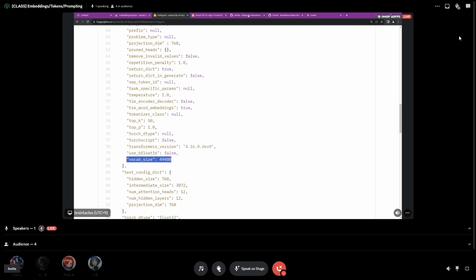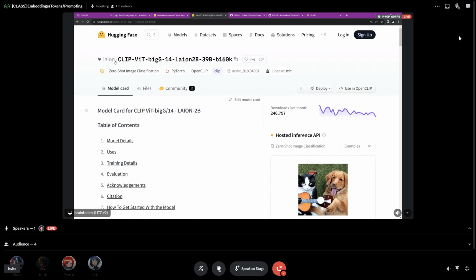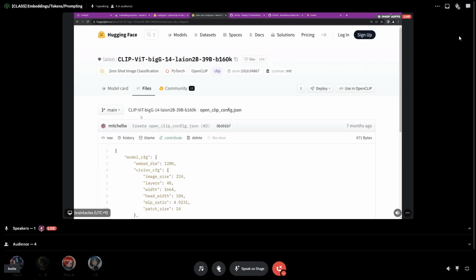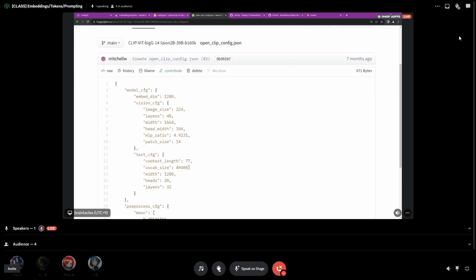Sometimes people try to get creative and find the craziest words, but in actuality, that's all it knows. And clip from Lion, the clip G for SDXL users, actually has the same vocab. So what is good about this is they both share the same base vocabulary.